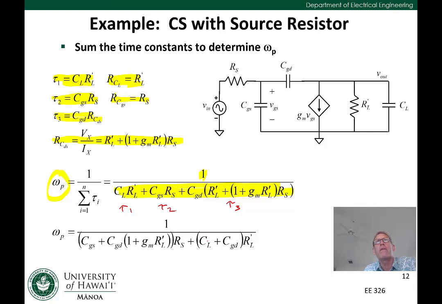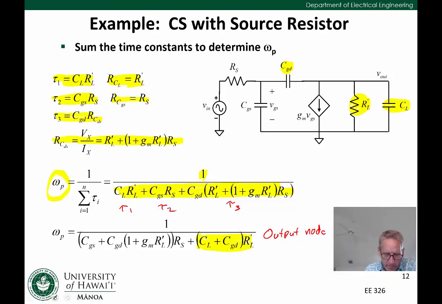So we see this term on the right, which contributes to the low frequency pole. And this is CL CGD, so that would be CGD and CL multiplied by RL. So this is really the contribution of the output node, the contribution to the 3 dB frequency, or the pole frequency, from our output node.